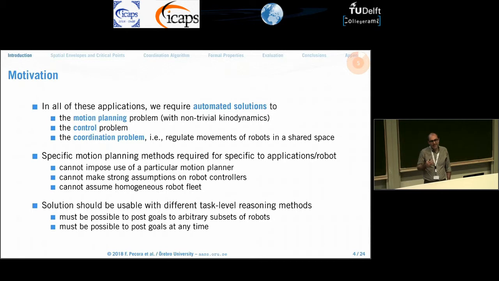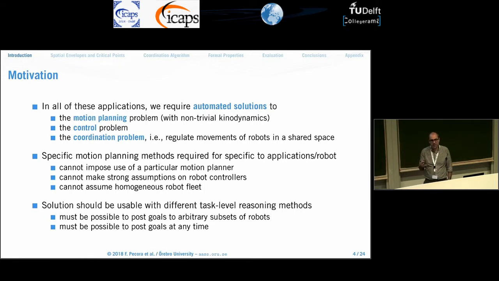And as said, this problem is elicited from a decade of work with different industries and different application contexts where we have different robots, each with their own specific kinodynamics perhaps, controllers, and so on. So we cannot impose the use of a particular solution for motion planning. We cannot make strong assumptions on what our robot controllers can do.